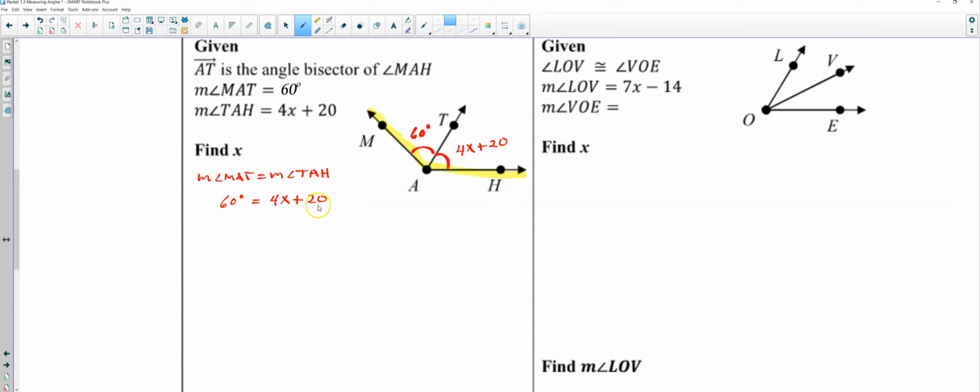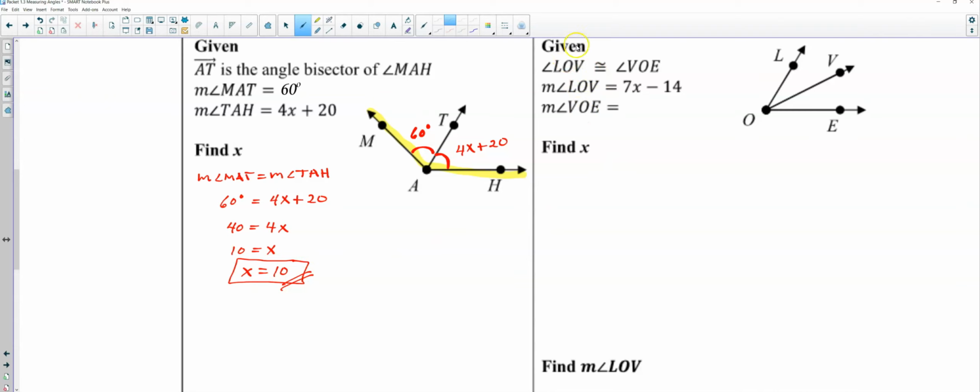Well, 60 minus 20, that's 40, equals 4x. 40 divided by 4, that means 10, is x, so x must equal 10. And that would be my answer. Pretty simple, right? Look at this one.